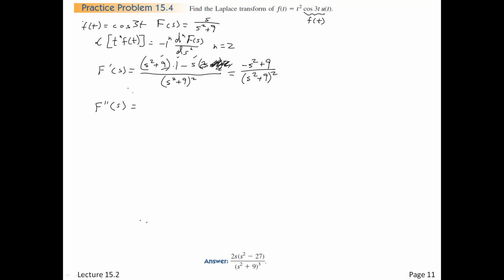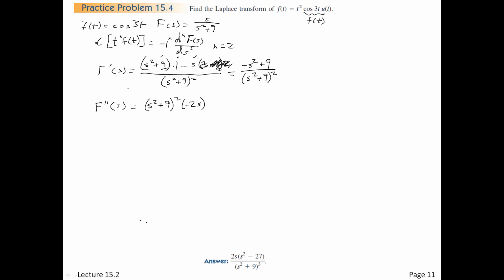So if I want to take the second derivative, apply the same rule. Here's what we've got. So it's the bottom, s squared plus 9, the quantity squared. This is going to get dicey, as you can see. Bottom times the derivative of the top. So that's minus 2s. Yep.